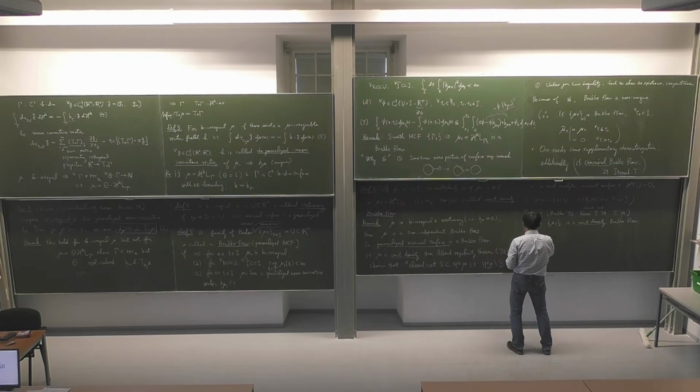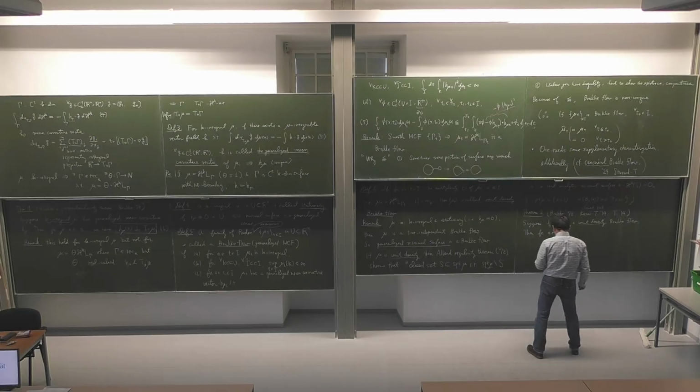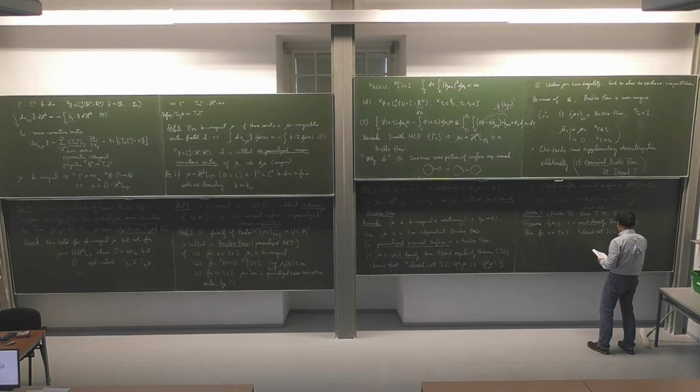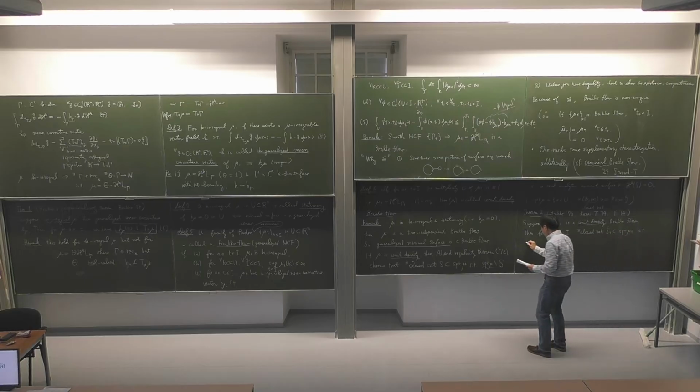Then for almost all times, there exists a closed set S_t, which depends on time, in the support of mu t, such that the k-dimensional measure of this S_t is equal to 0.